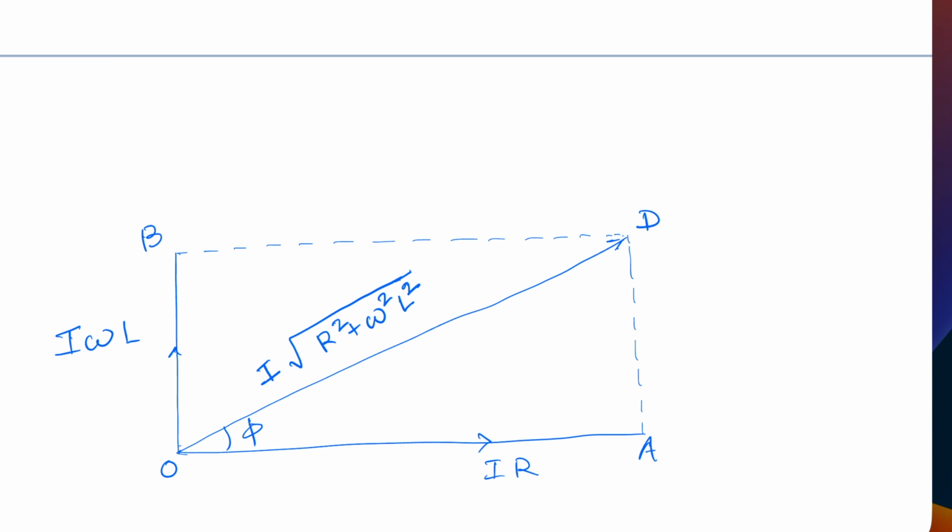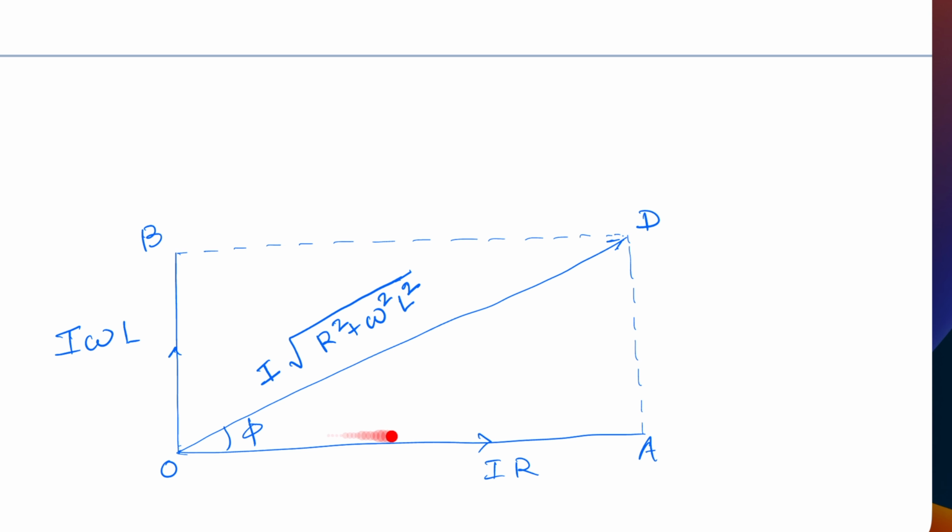So with OA and OB as sides, we complete a rectangle OADB. Then the straight line OD represents the resultant of IR and I omega L in magnitude and direction.